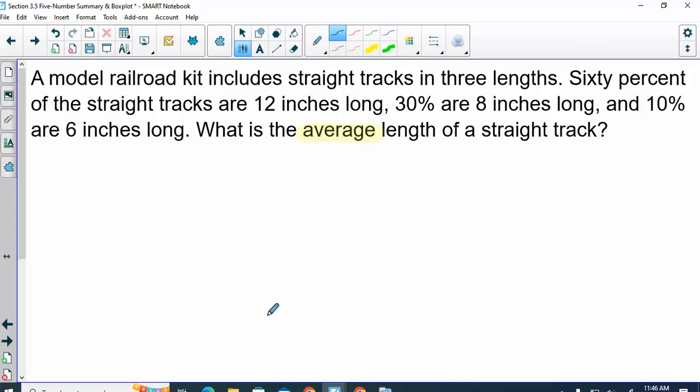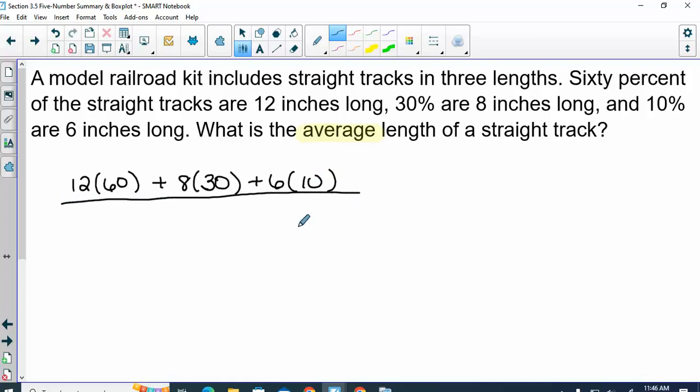We're finding an average. This is a weighted average problem. So remember, we took each value times its weight. So my value is the 12 inches long, and the weight, what percent was that? 60. The next value, we had 8-inch long ones, and those had a weight of 30. We had 6-inch long ones, and those have a weight of 10. And then we divide by the sum of the weights. So 60 plus 30 plus 10, 100.